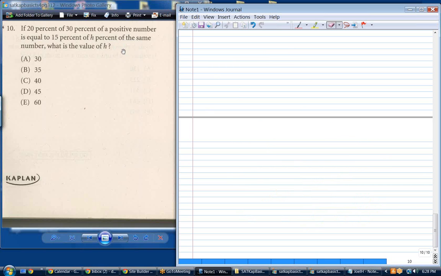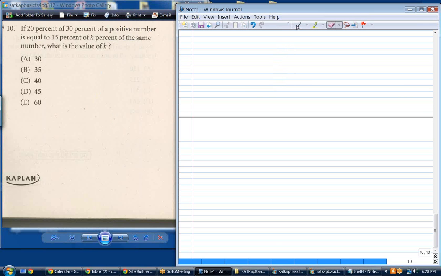Well, in this case, the positive number can be anything we want. Notice the x is canceled. x could have been 10, x could have been 100. And it didn't matter to this problem. So let's try to back solve it. Let's let x be 100.